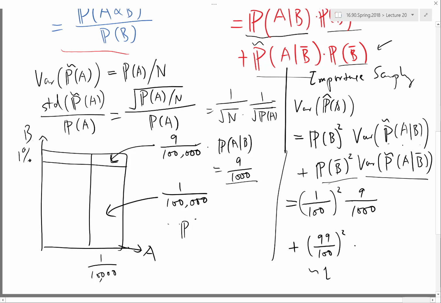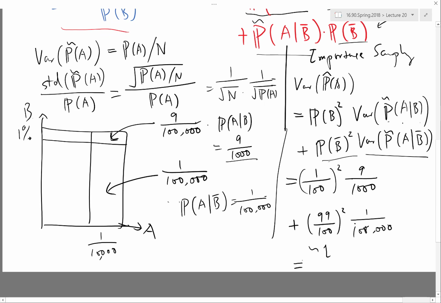The variance is also the probability of A given not B, which is 1 over 100,000. If you count this as 1, this is 9 millionths, this is 10 millionths, so it's going to be like 19 over a million. So that's the variance of this estimator.